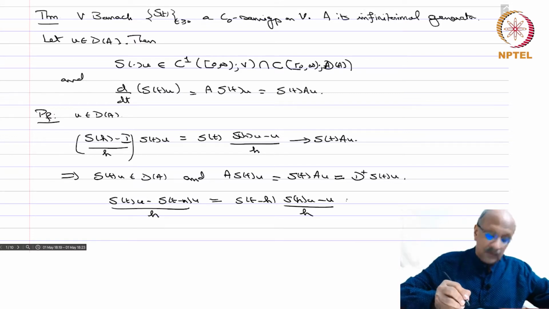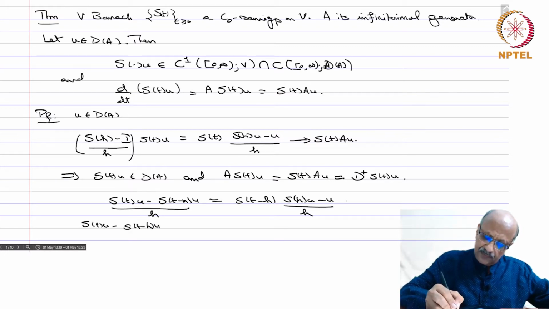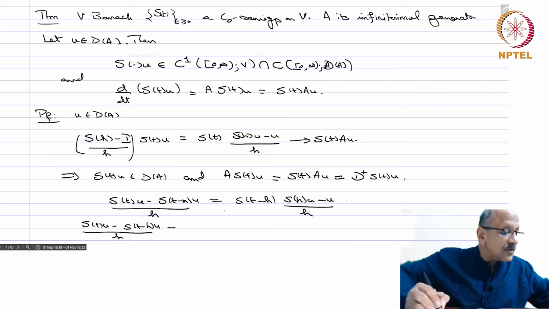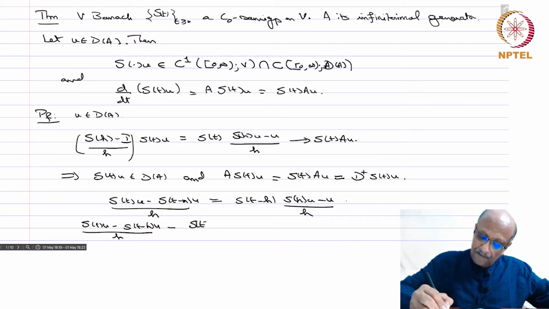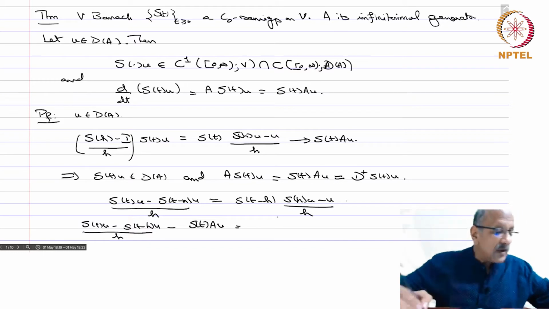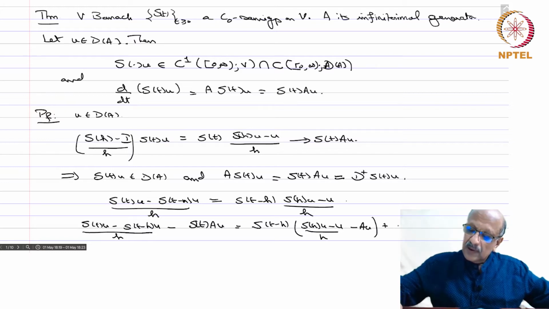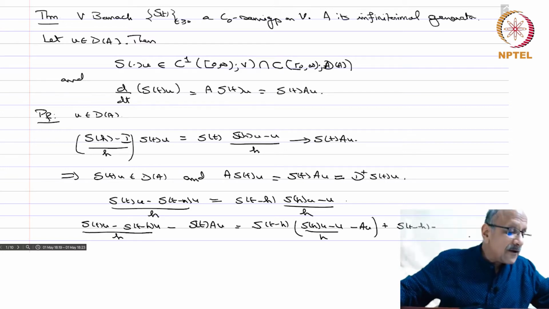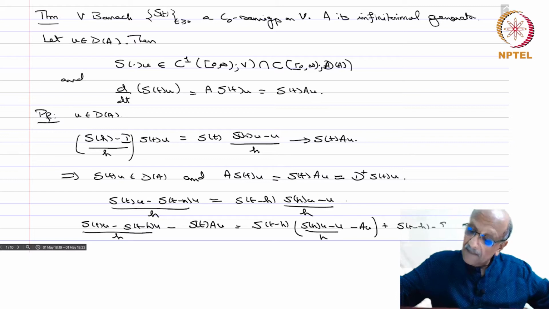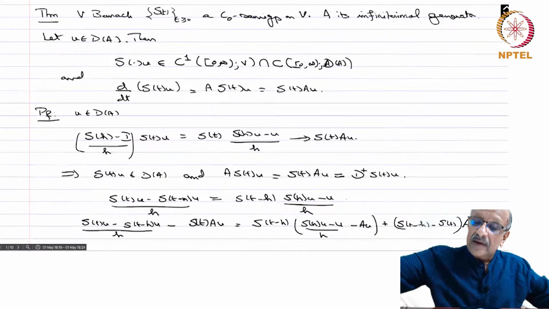So, therefore, you have (S(t)u minus S(t minus h)u)/h minus S(t)Au equals S(t minus h) of ((S(h)u minus u)/h minus Au) plus S(t minus h)Au minus S(t)Au. Okay, simply added and subtracted something.